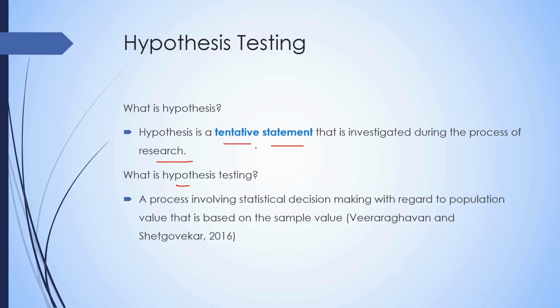And what is hypothesis testing? Again, we have a textbook definition given by Veeraraghavan and Chetgovekar, 2016. This says a process involving statistical decision making with regard to population value that is based on the sample value. Hypothesis testing is defined as a process. Which process? Involving statistical decision making.